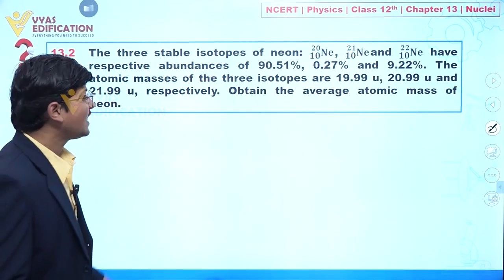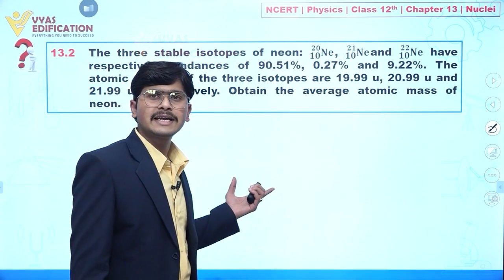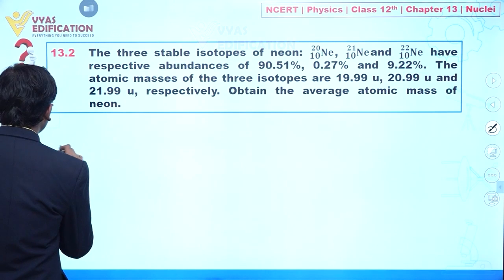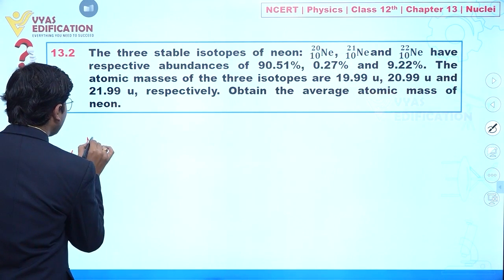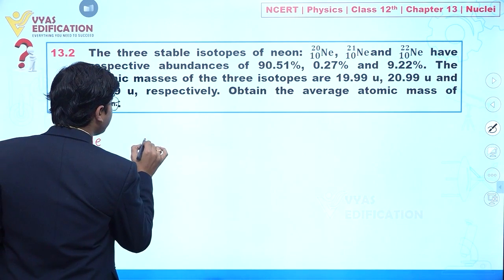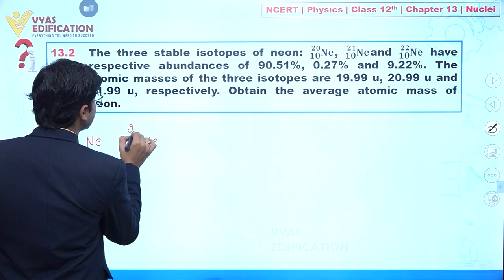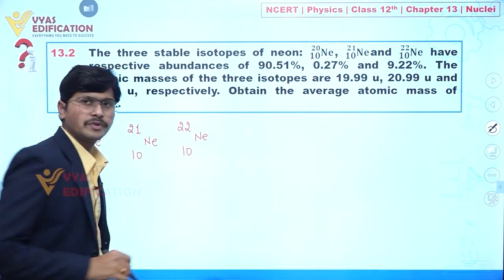Clear? So again a very simple question we have. First I am writing here all the data, so it will definitely be easier for you. So let's suppose first I am talking about neon 20, clear. After that we have neon 21, clear. Then we have neon 22, clear to you.